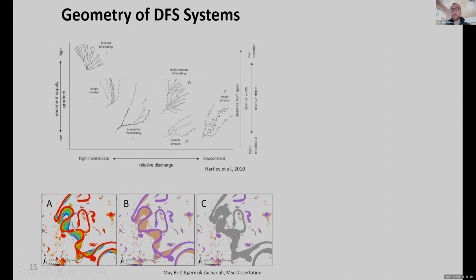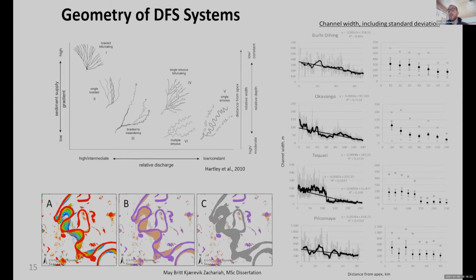And what she did for every one of those years was to quantify how that river system has changed. So for example, here in the purple is one year, and the brown is where the point bar accumulations have occurred for that particular time slice. And with those tools that I mentioned before, she's managed to extract a lot of quantitative data, which we haven't been able to previously do.